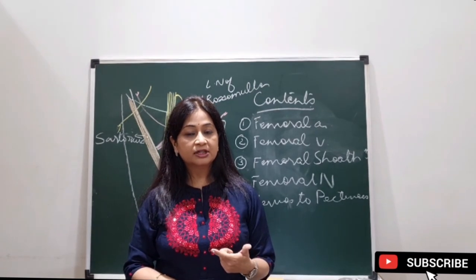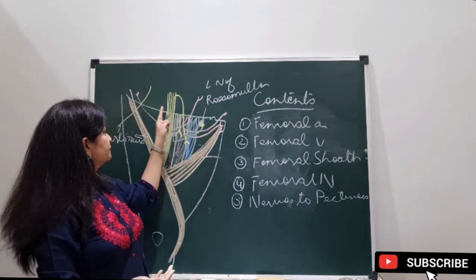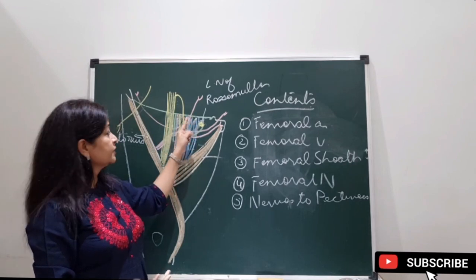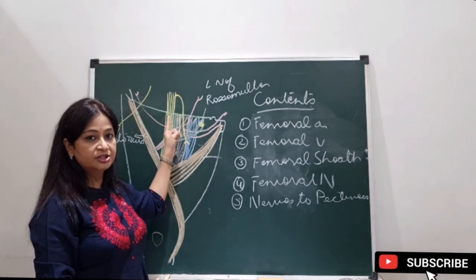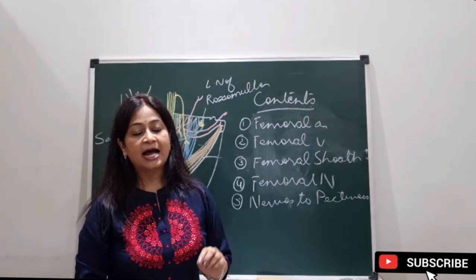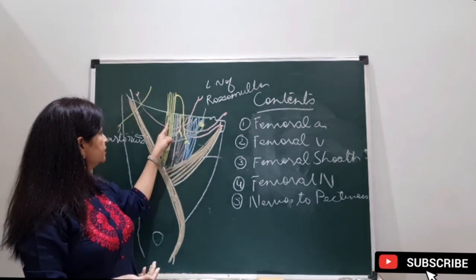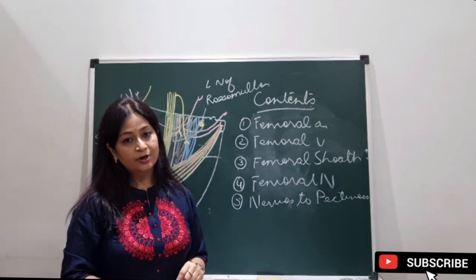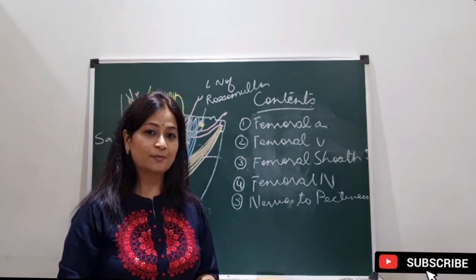Secondly, the most important contents here from lateral to medial side are the femoral nerve, femoral artery, and femoral vein. Now, the femoral artery and vein are enclosed in the femoral sheath. The artery enters the femoral triangle at the mid-inguinal point, whereas the femoral nerve enters the triangle from the midpoint of inguinal ligament. I hope you understood this topic well.